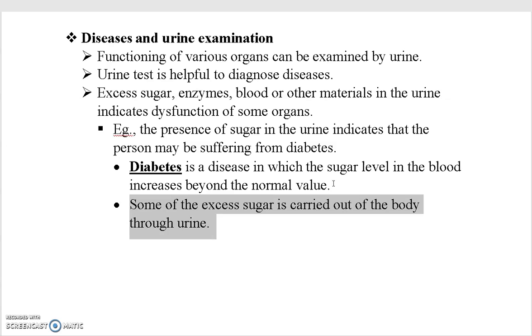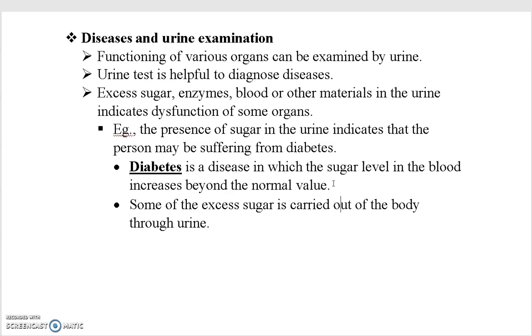Some of the excess sugar is carried out of the body through urine. Because of this function, doctors can identify whether the urine has a normal level of sugar or a higher level of sugar.